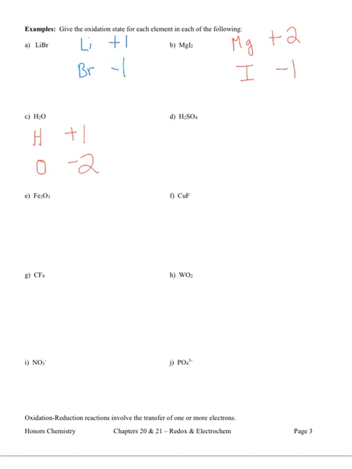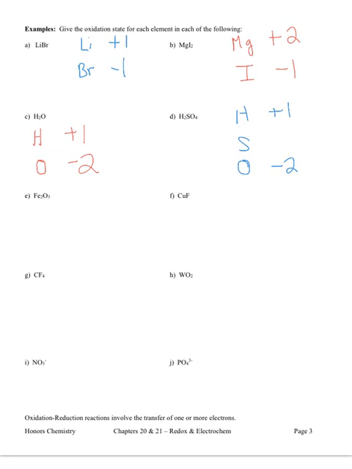Let's look at H2SO4. So now we have hydrogens, we have sulfur, and we have oxygens. Rule number 6 says that hydrogen in compounds is a +1. There is no rule for sulfur, so let's skip it for now. Oxygen, rule number 7 says it's -2. So we need to figure out what sulfur is.